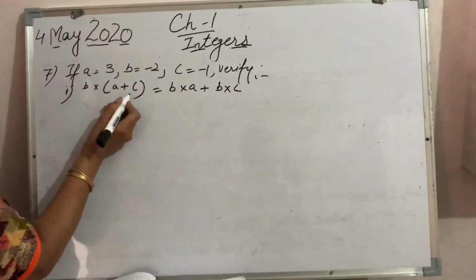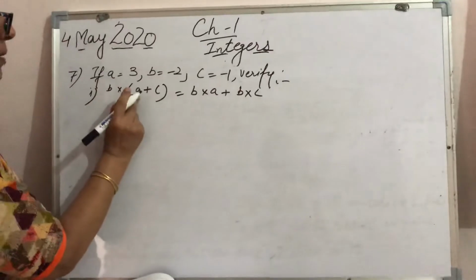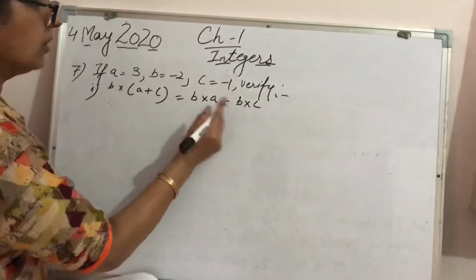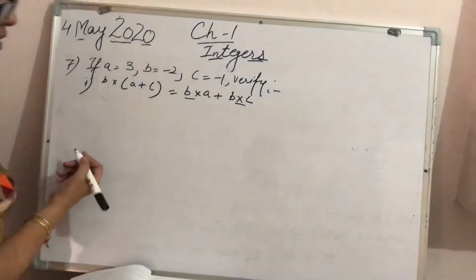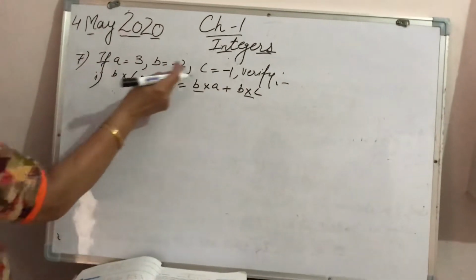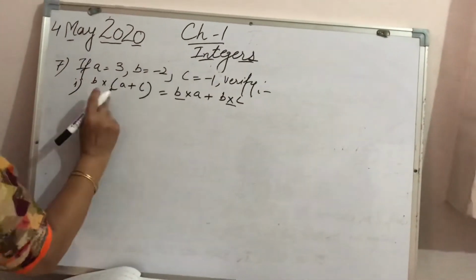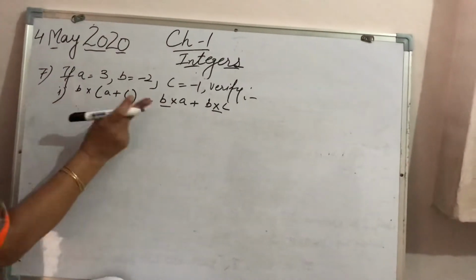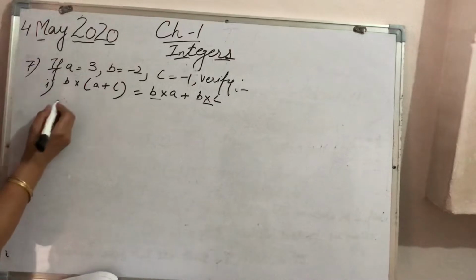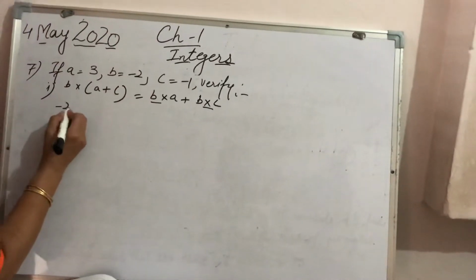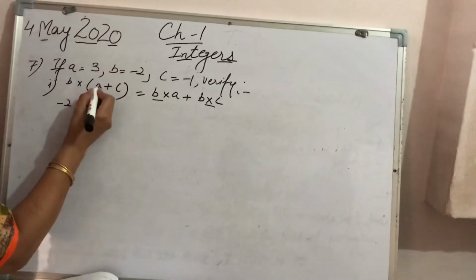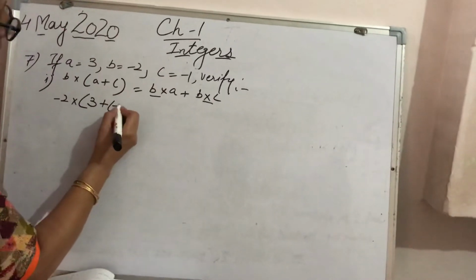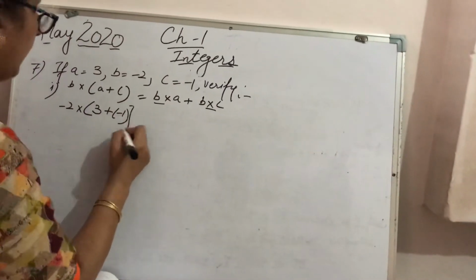B into A plus C means B multiply A, then B multiply C. So replace the values of A, B, C in this equation, left side as well as right side. So the value of B is -2 into the value of A, 3, plus the value of C, -1.